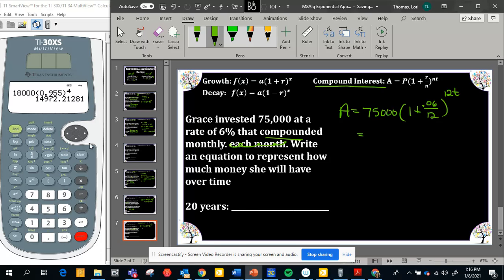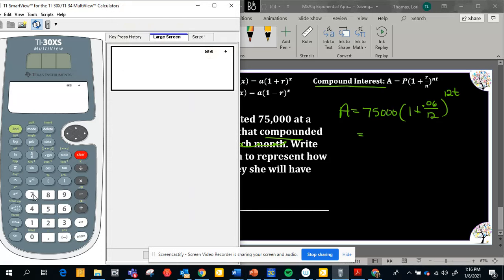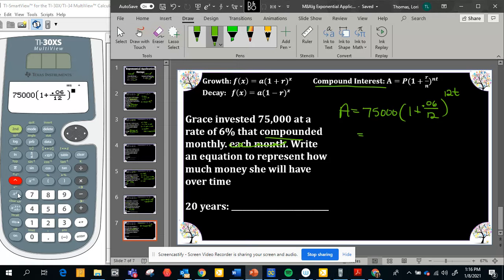So in our calculator, let's clear this. We're going to have 75,000 times 1 plus, and then use our N over D, 0.06, and then we arrow down, plug in 12, and then arrow out, and raise it to, and we wanted 20 years.